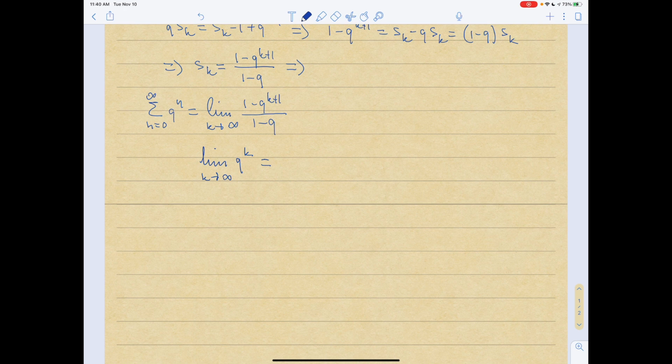If the absolute value of q is less than 1, then this limit is equal to 0. So 0 if the magnitude of q is less than 1. Now, if q is exactly equal to 1, then of course you just get 1 to the k, so the limit is 1.